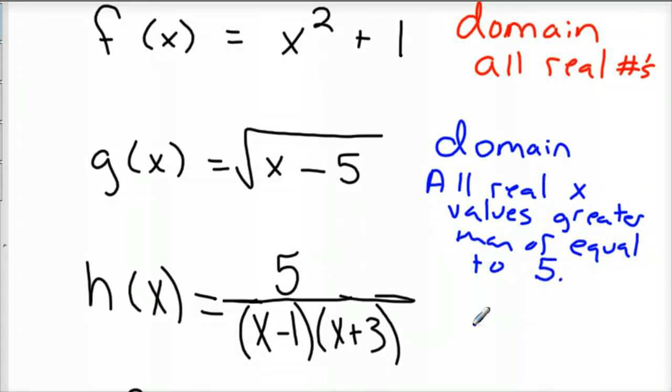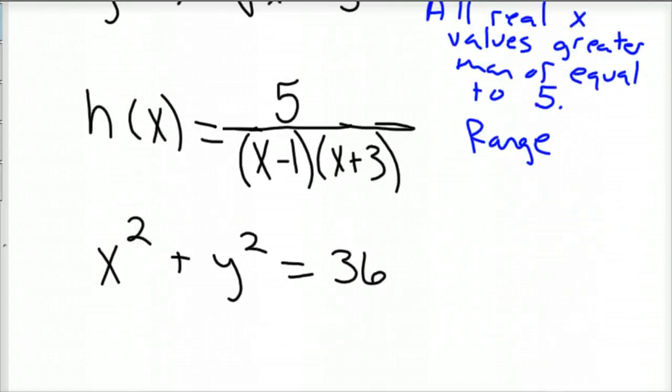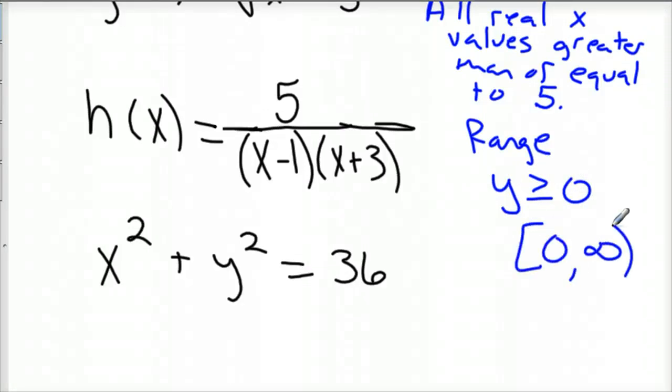Okay, range for that one would be the y values greater than 0. So y is greater than or equal to 0. Or, again, in set notation, 0 to infinity for the y values.